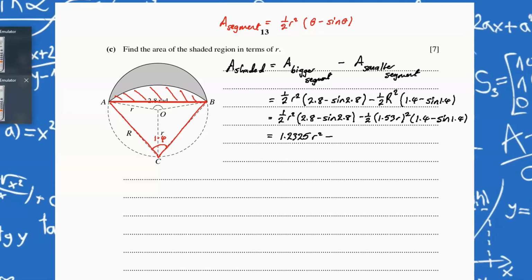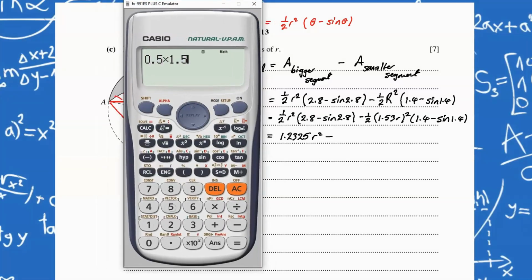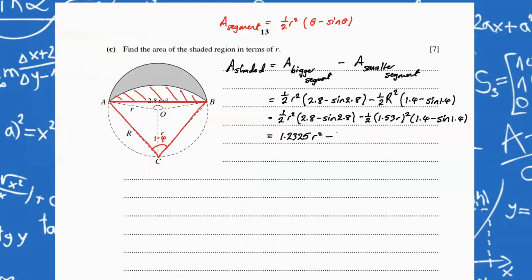Let me do that quickly, and we get 0.48522, so 0.4852 r squared.